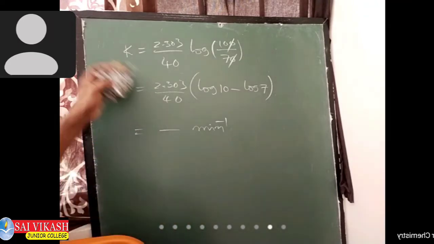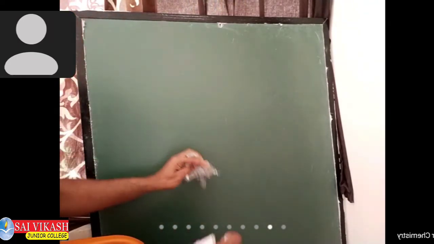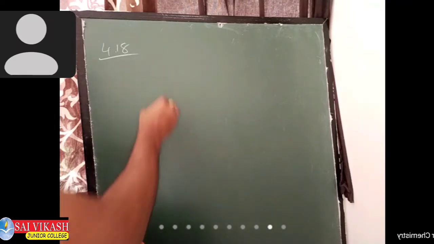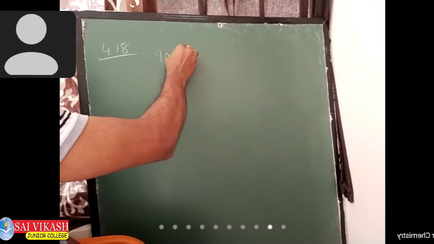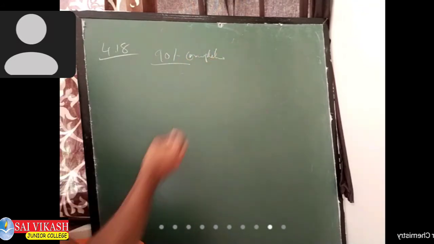See how to do 4.18, I'll tell you. 4.18: for a first order reaction, show that the time required for 99% completion is twice the time required for 90% completion. First of all, let us do it for 90% completion.